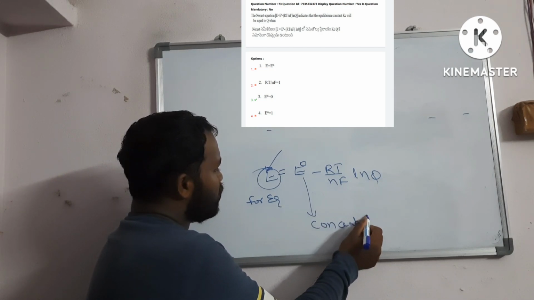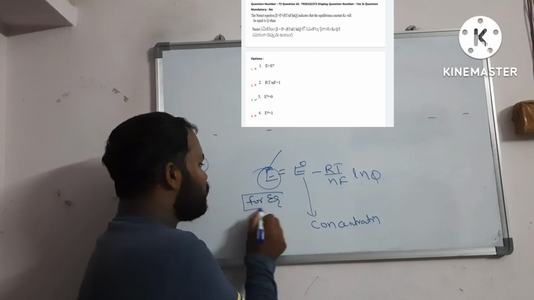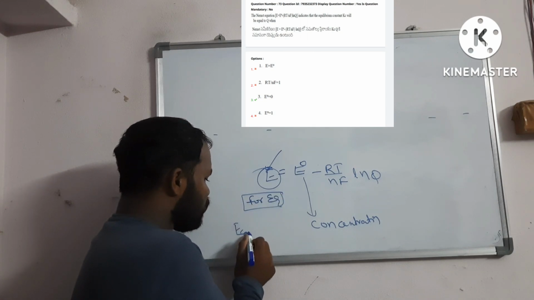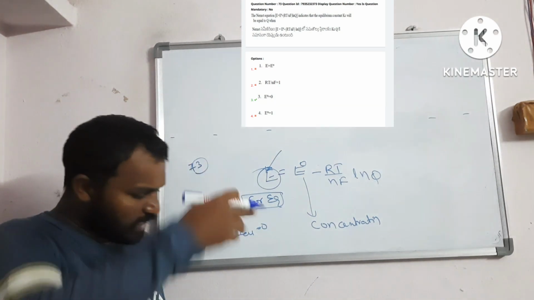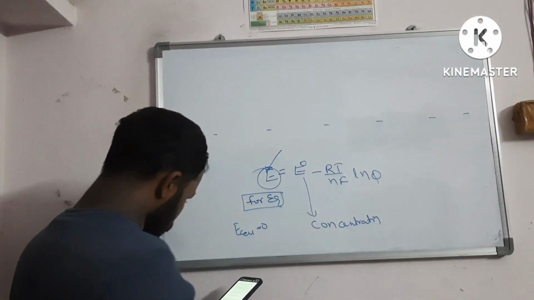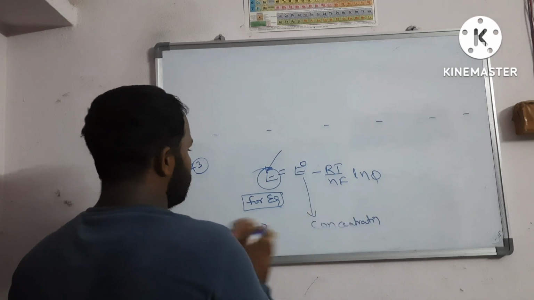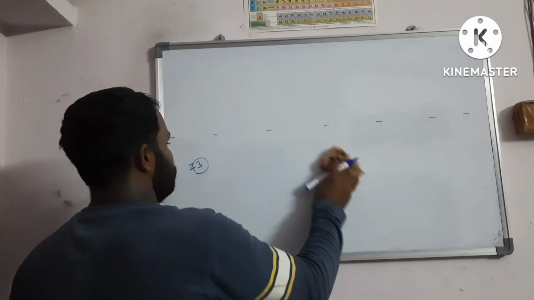They also didn't give the Q and Kc values or the equilibrium constant. So we can't say it is a correct concept.